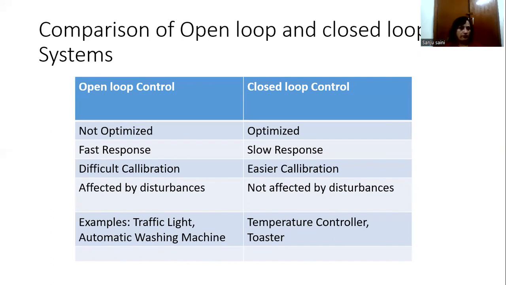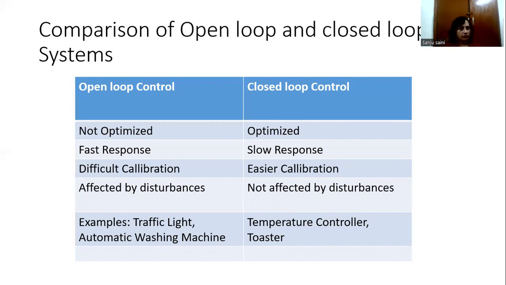Then open loop control has a fast response as compared to closed loop control systems. Their calibration is difficult as compared to closed loop systems. Then they are affected by disturbances, obviously because there is no feedback mechanism, and closed loop control systems are not affected by the disturbance.